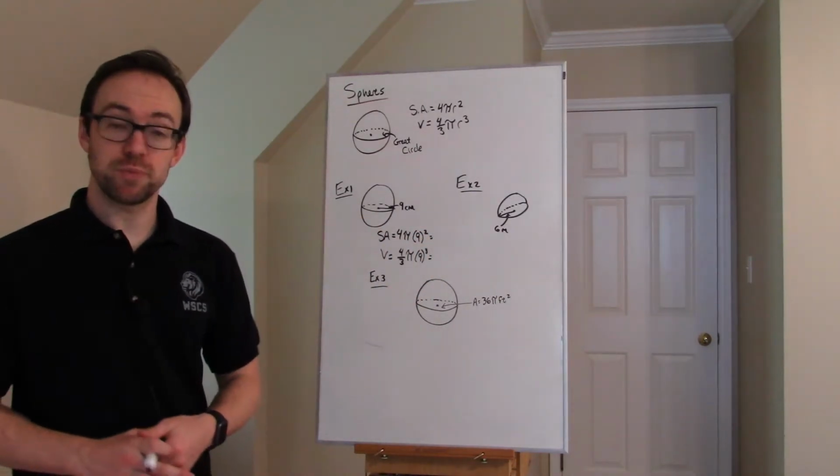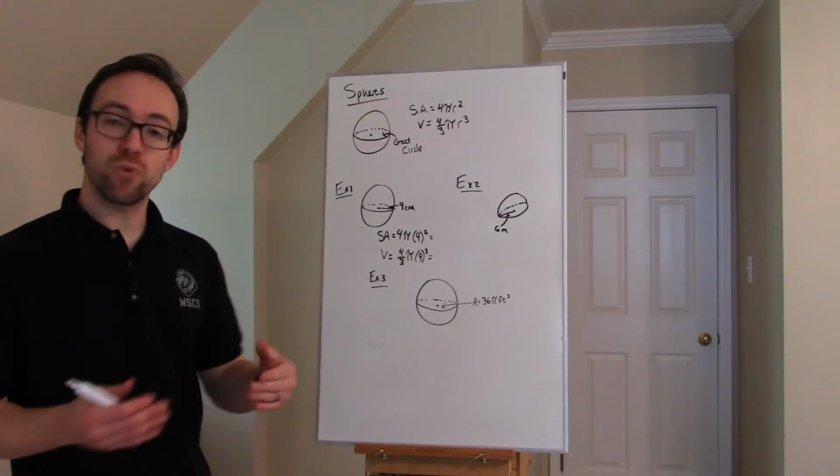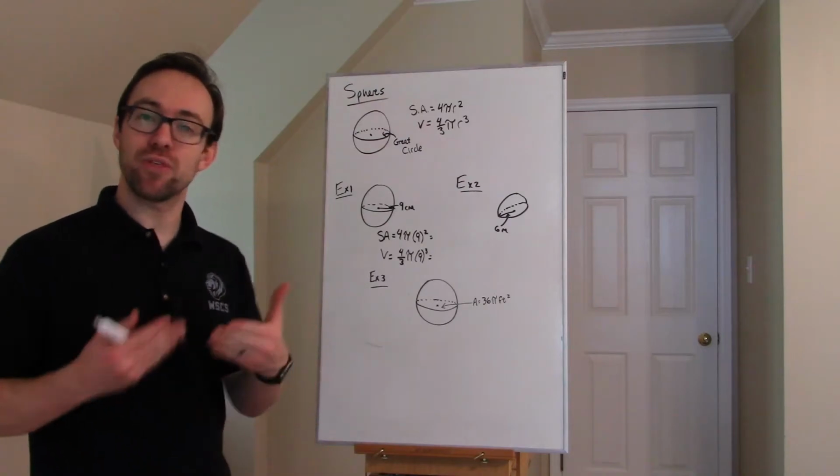So for the surface area, it would be 4 pi times 9 squared. And then for the volume, it would be 4 over 3 pi times 9 to the 3rd power.